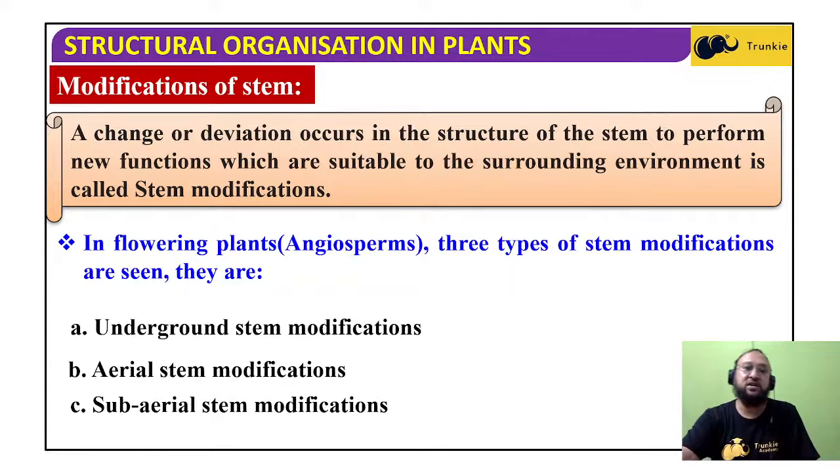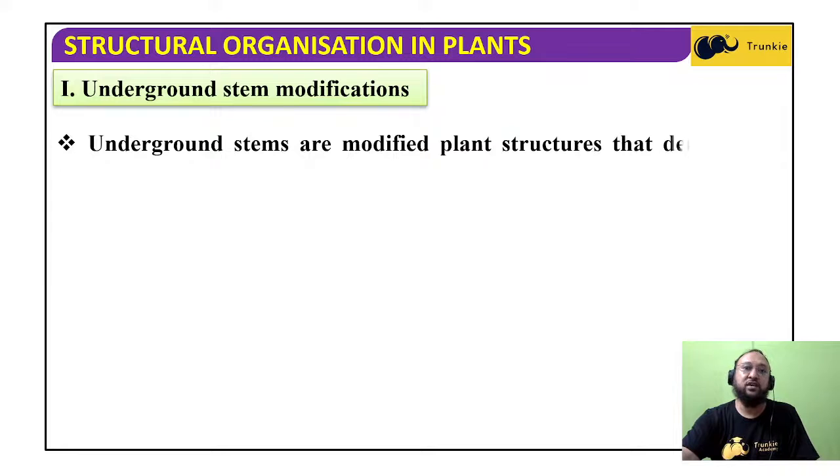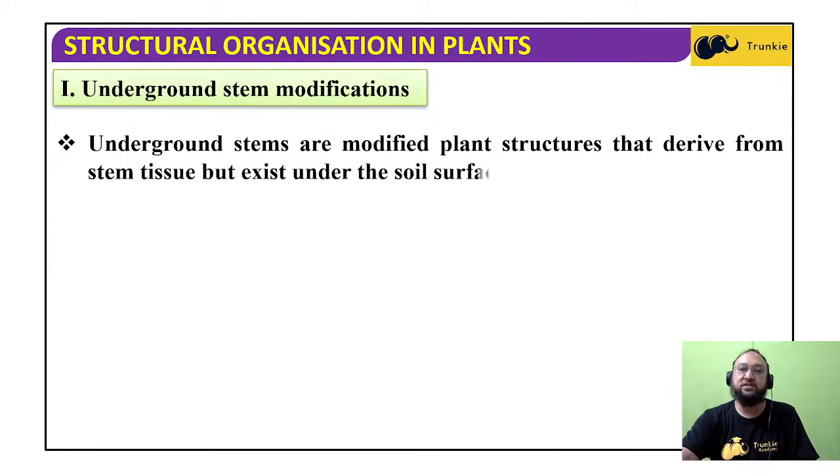Underground stem modifications are modified plant structures that derive from stem tissue but exist under the soil surface. These parts are derived from the stem only, but they exist under the soil surface.